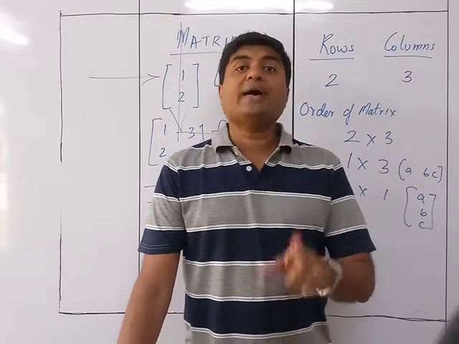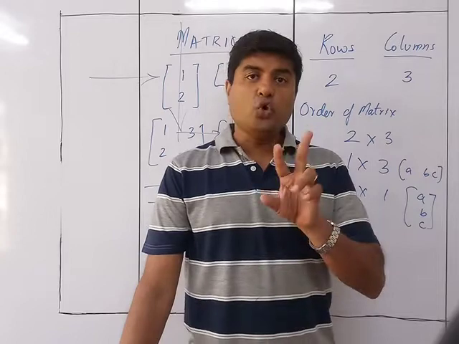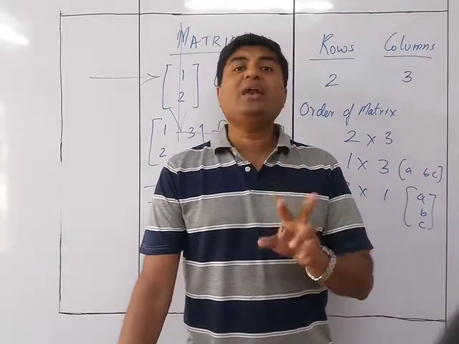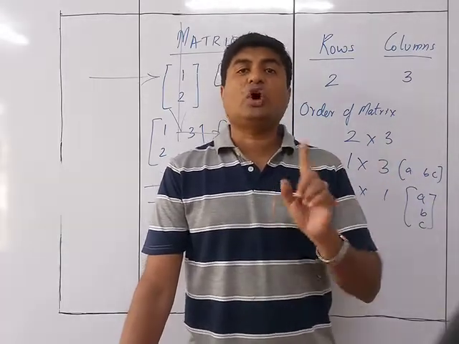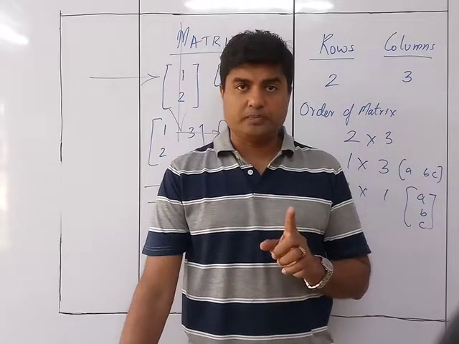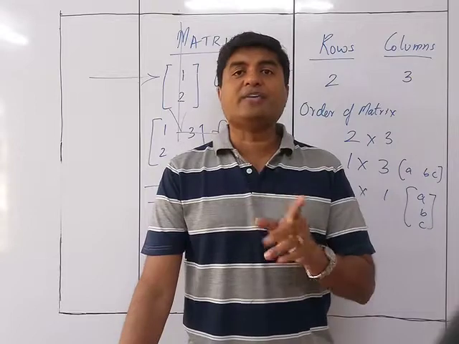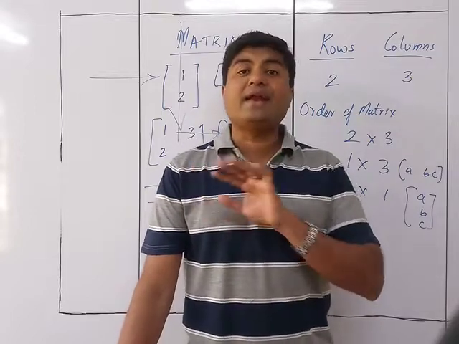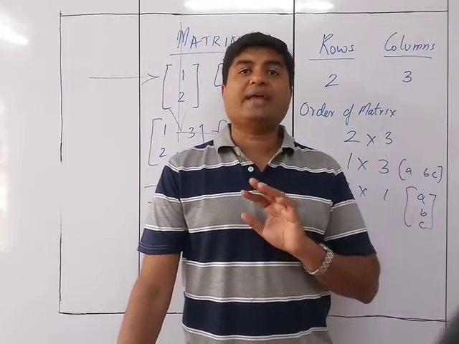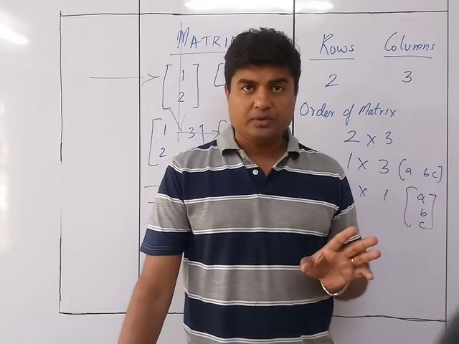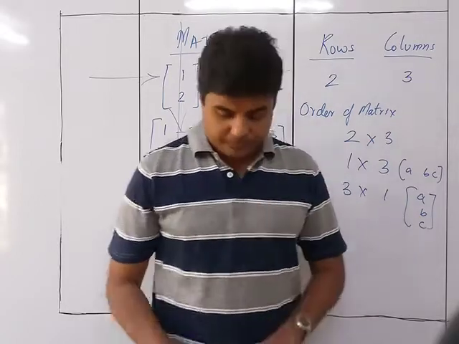If 2 matrices have the same order, only then addition or subtraction is possible. If 2 matrices do not have the same order, then they cannot be added or subtracted. So that's a very important part over here.